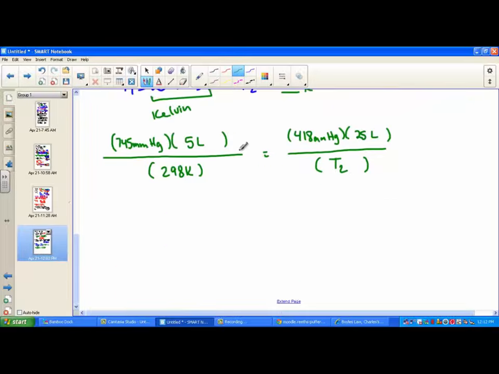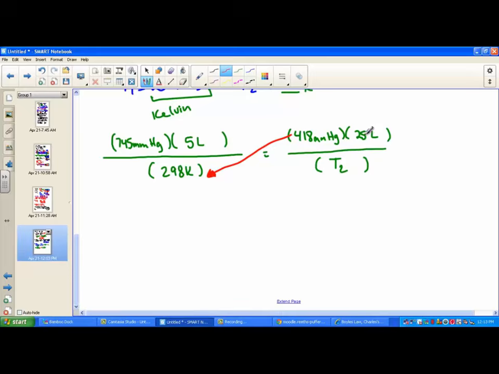Let's pull out T2. Now this is a little different than the first two examples because now all of a sudden T2, which is our target variable, is in the denominator. Generally the way we always have started, but keep in mind we always cross multiply the side that does not have the variable first. So the first pattern is going to bring me this direction.